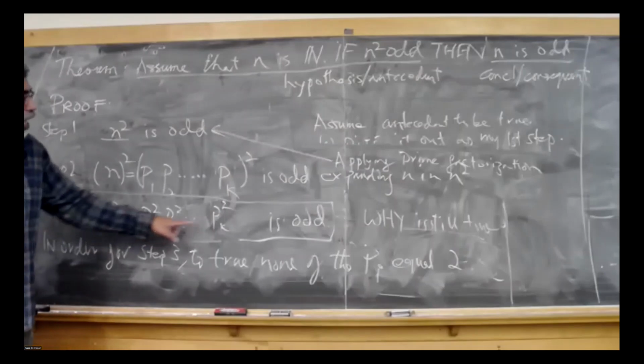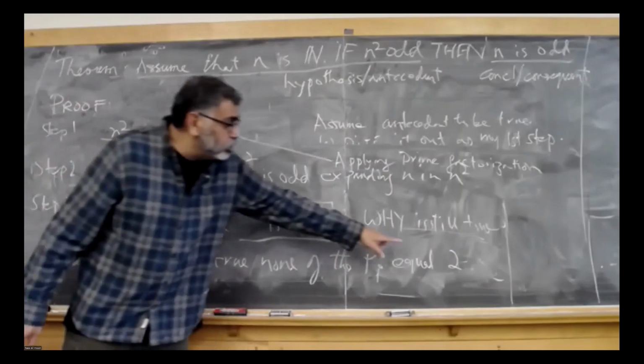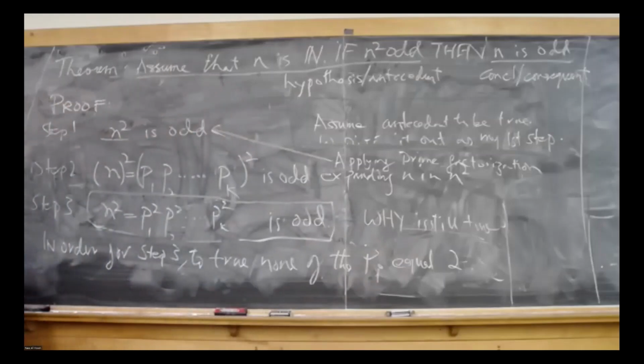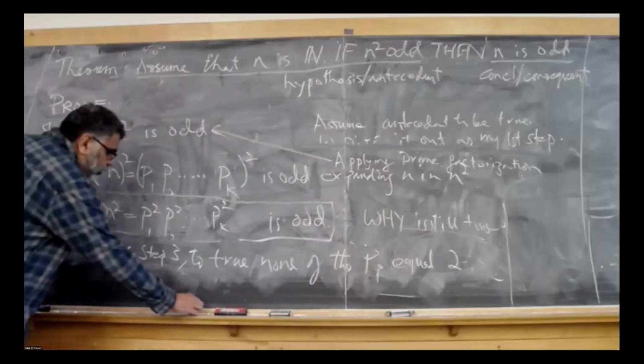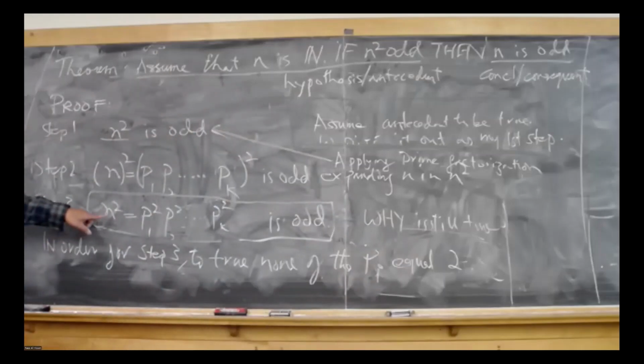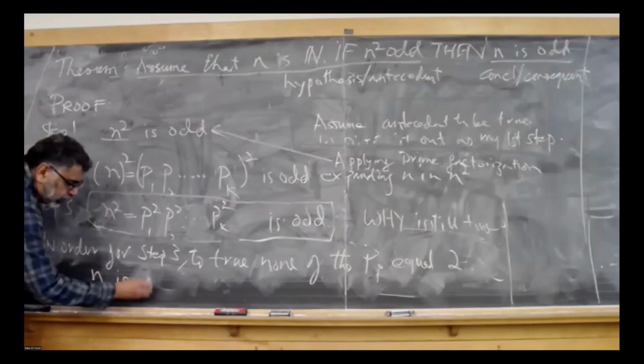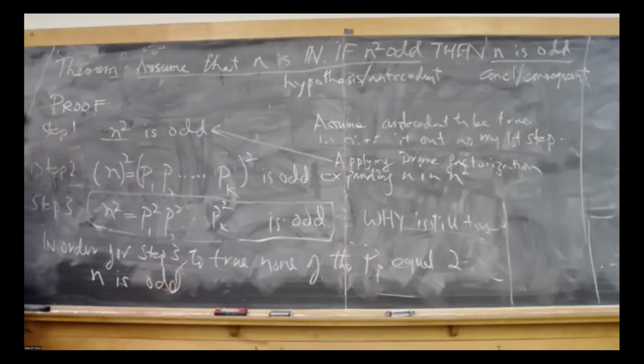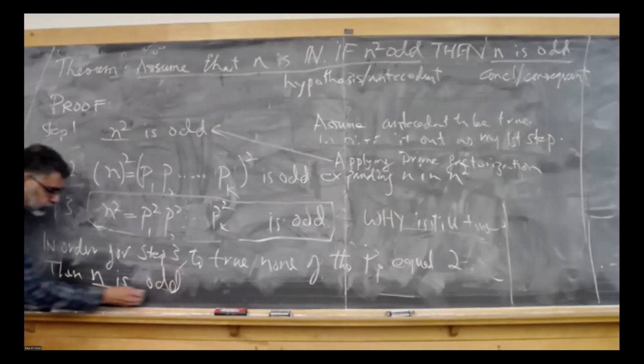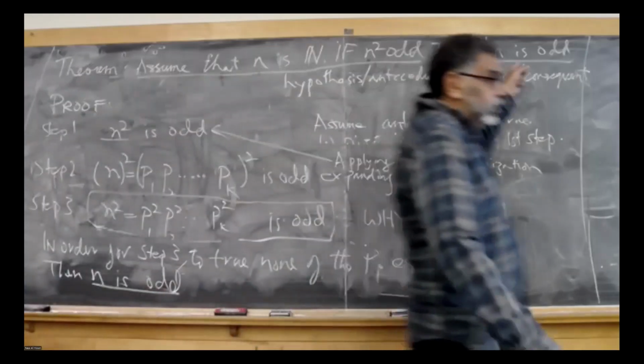Since none of these primes can be equal to 2, then n is odd. Can you see that in the fact? And this is what is sticking here.